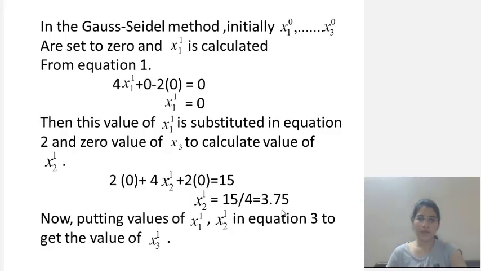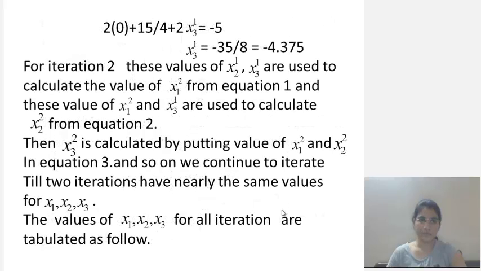Now putting the values of x1(1) and x2(1) in equation 3, we will get the value of x3(1). x1(1) is 0 and x2(1) is 15 by 4. Now x3(1) equal to minus 35 by 8 or minus 4.375. Now for iteration 2, these values of x2(1) and x3(1) are used to calculate the value of x1(2), meaning the value of x1 for the second iteration, from equation 1.